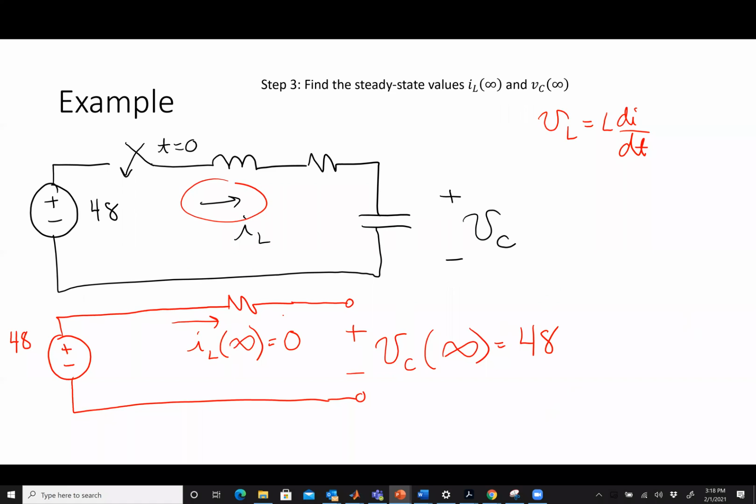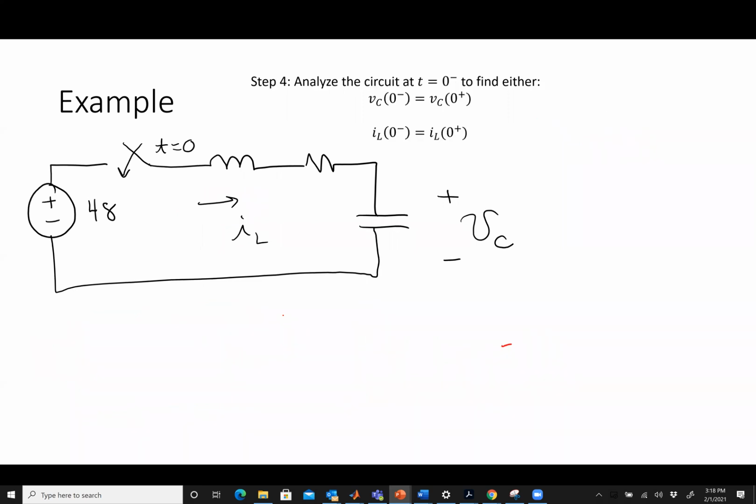At this point, I've finished with step 3, and I would enter that into MATLAB, which we'll look at in a second with the MATLAB example. But let's go to step 4: analyze the circuit at t equals 0 minus. This is a very trivial step.